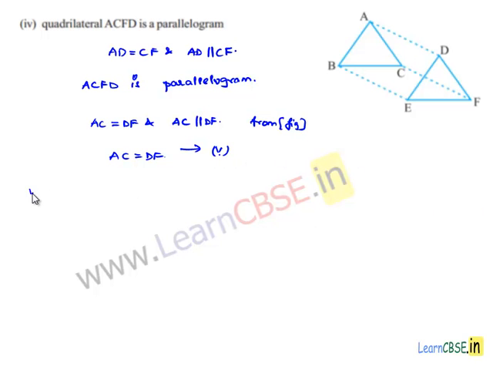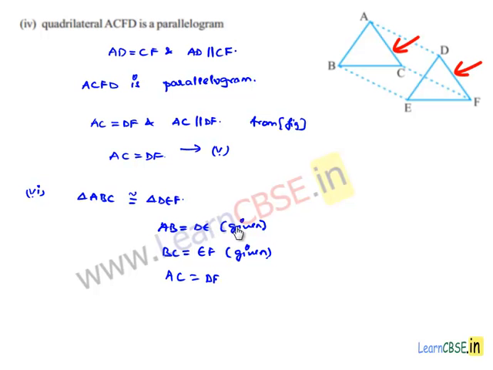Now finally, in the sixth part, he asked us to prove that triangle ABC is congruent to triangle DEF. He has given that AB is equal to DE in the first case, and BC is equal to EF, also given in the second case, and finally we got that AC is equal to DF from the fifth proof.